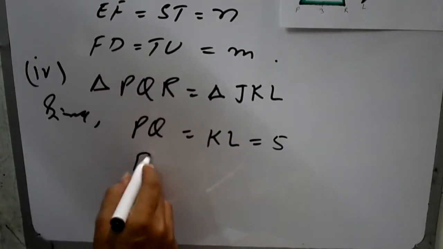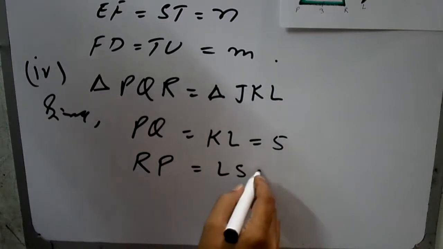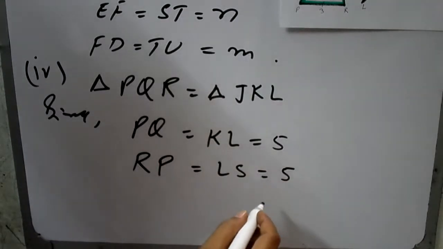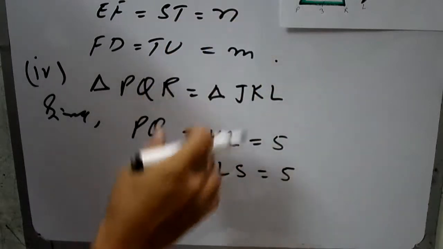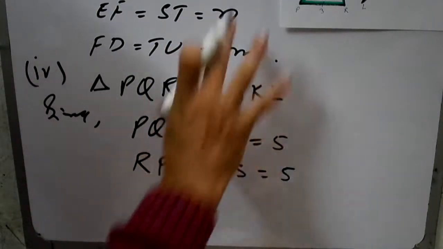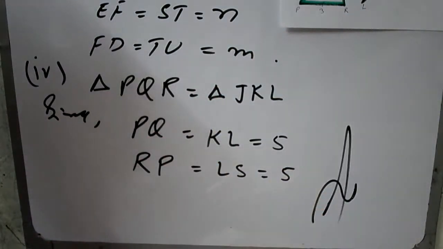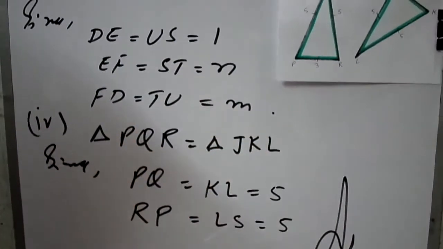Similarly, another side, RP, is equal to LJ, which is equal to 5. So we can say both the sides are equal, so we can say that this triangle is congruent to the other. So hence the result, that is why we say that these two triangles are congruent to each other.